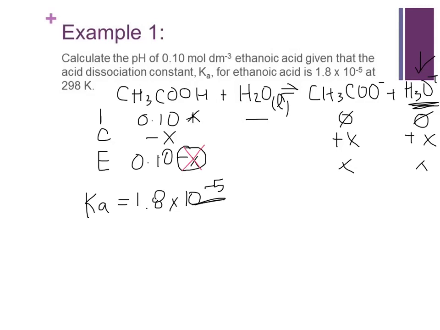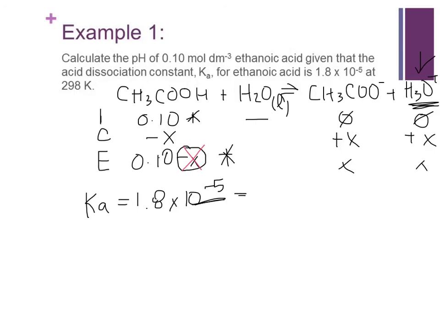That means that we can leave that minus x out. That change is not significant, and we can make that assumption. If you are making that assumption, make sure you state so, similar to the equilibrium problems that we've done previously.